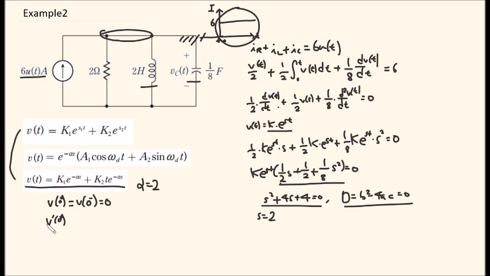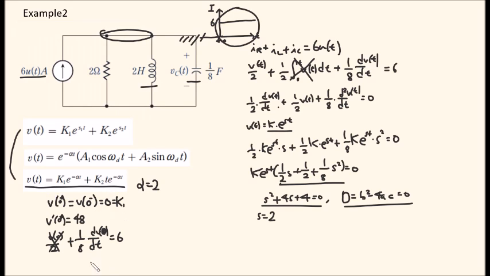To find the value of v prime of 0, we need to plug 0 into this equation. If we do that, this part is erased, and we are only left with this equation. And we know that v of 0 is equal to 0, so our v prime of 0 would equal 48 in our case. And of course, this is 0. Finally, we can find the value of k1 and k2 using these two values. If we plug 0 into this equation, this whole equation becomes k1, because this part would be 0.